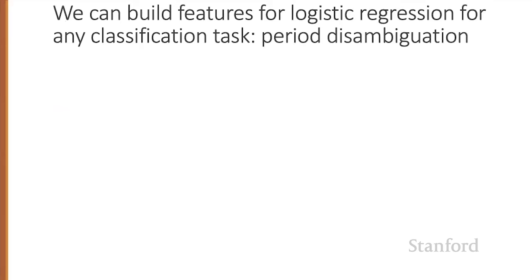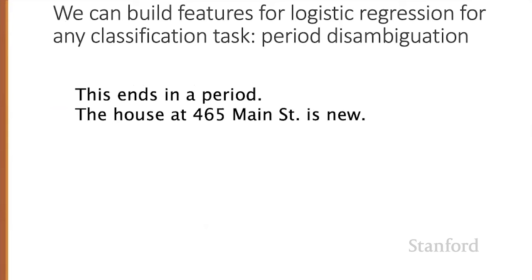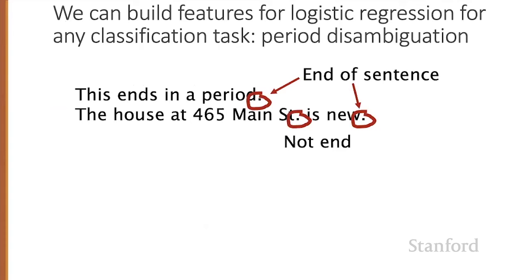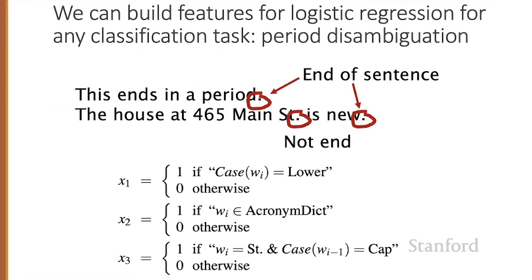Now, it turns out we can build features for logistic regression for any classification task. So let's pick one at random, period disambiguation. So that's the task, for example, of deciding what these different periods mean. This period here is an end of sentence period, where this period here is not an end of sentence. So we might use features like X1 here, expressing that the current word is lowercase, perhaps with a positive weight, because lowercase words with a period at the end are maybe more likely to be end of sentence.